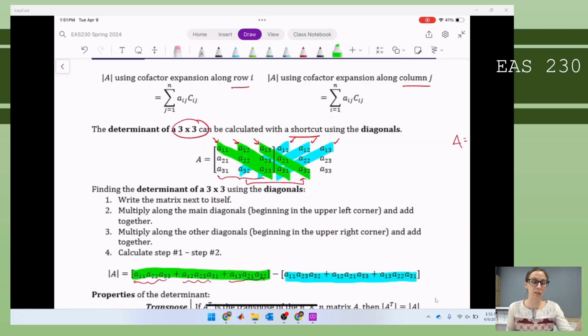Once I have done that, then I need to take these diagonals minus these diagonals. So kind of like how we did it with a 2x2, but now we have more diagonals to add and multiply together. So these diagonals minus those diagonals. It's kind of like a modified fish, which is what I call the 2x2 method.